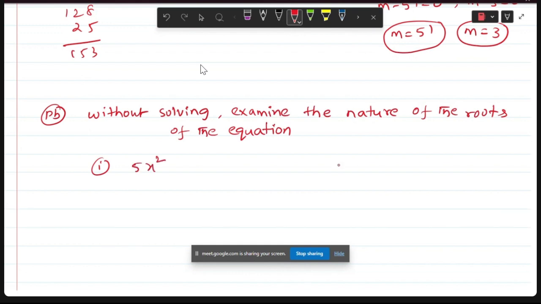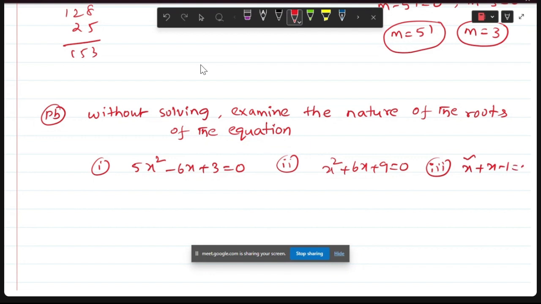First question, 5x square minus 6x plus 3 is equal to 0. Second equation, x square plus 6x plus 9 is equal to 0. And third one, x square plus x minus 1 is equal to 0. And fourth one, 2x square minus 6x minus 7 is equal to 0.